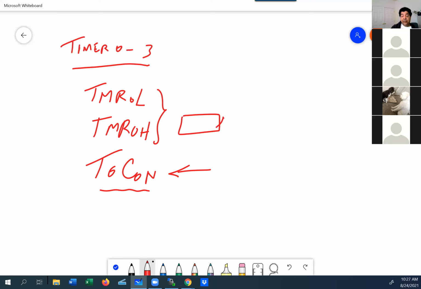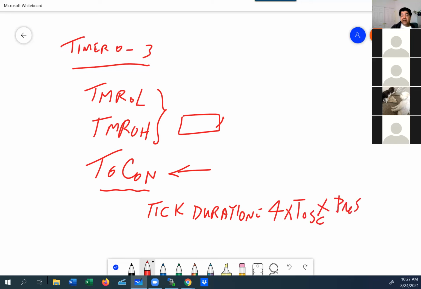Then you remember the calculation of tick duration. How long does each tick take? It would be 4 times T oscillator times any pre-scale they give you, and then any post-scale they give you. What happens if they don't give you any pre-scale or post-scale? You just put a 1 in there.